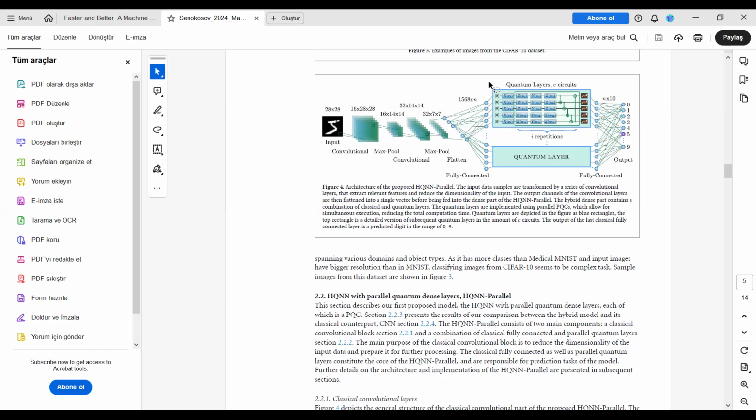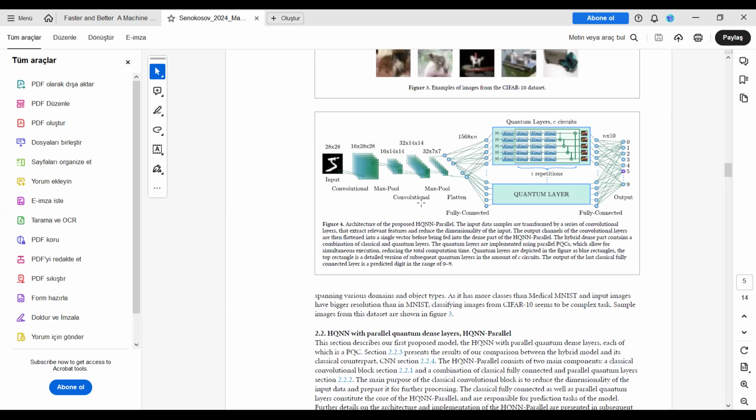I would like to add a few comments about the quantum Harris corner detection technique. The Harris corner detection scheme consists of computing the determinant and the trace, which comes under classical post-processing.